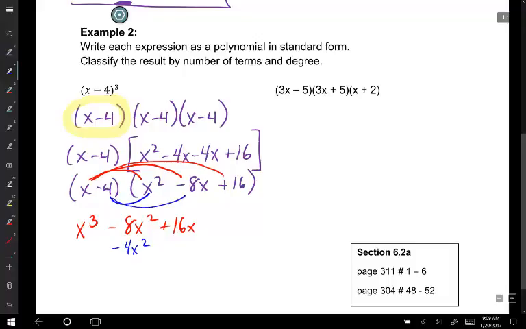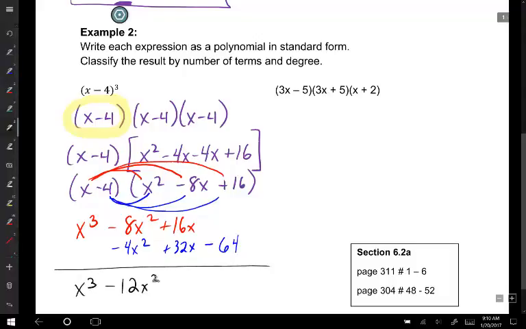Negative 4 times negative 8x. Good. Positive 32x. And negative 4 times 16. My fault. Negative 64. All right, let's add them up. X cubed, negative 12x squared, positive 48x, minus 64.